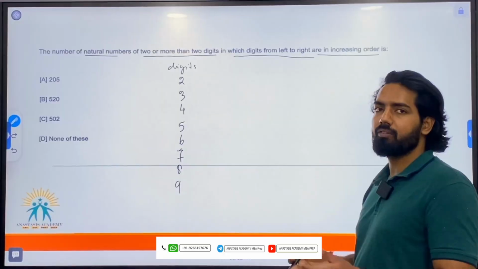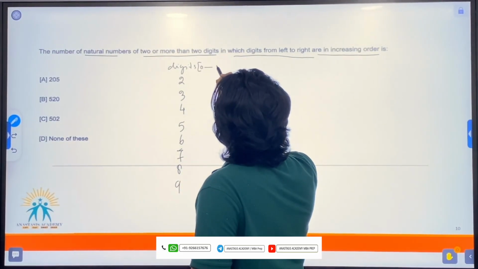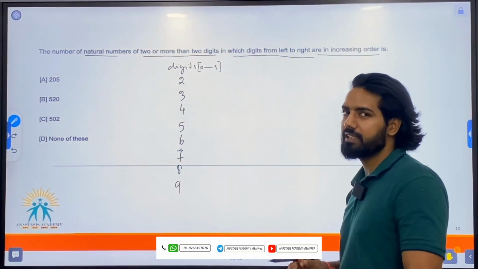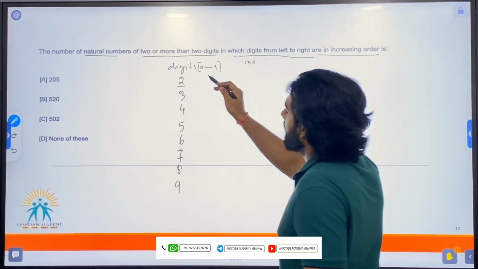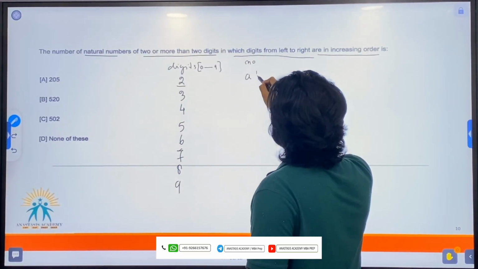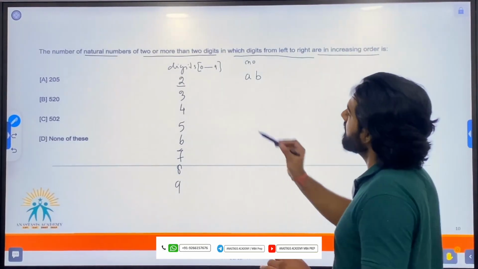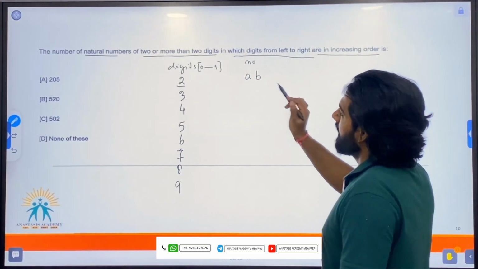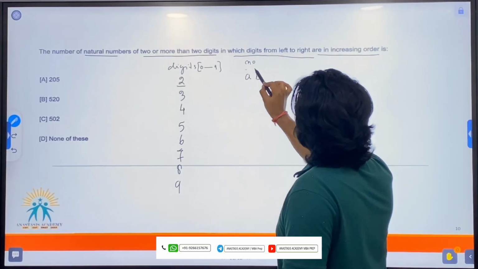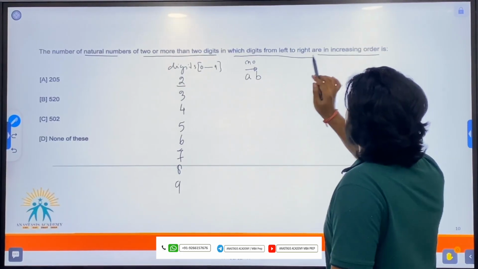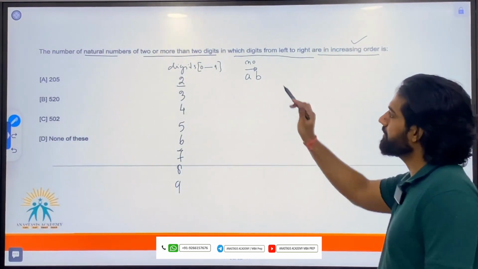This is the maximum number of digits I can use because digits can be from 0 to 9. Then numbers of this type, of 2 digits, would be, for example, AB. The condition is that I have to form natural numbers such that when I go from left to right, digits would be in increasing order.